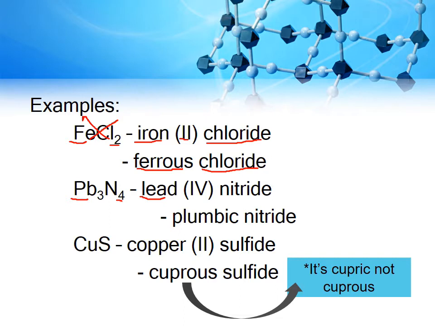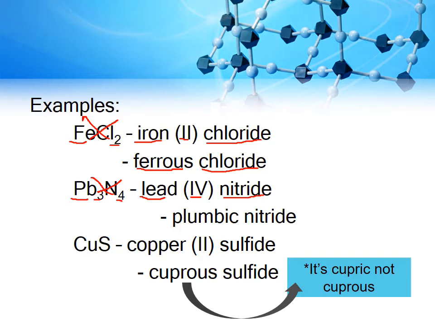So the 4 here, a subscript of nitrogen, came from lead, and the 3 here, a subscript of lead, came from nitrogen. So therefore, the oxidation number used by lead here is 4, followed by the name of the nonmetal that ends in IDE, which is nitride. So therefore, the name of this compound is lead(IV) nitride.